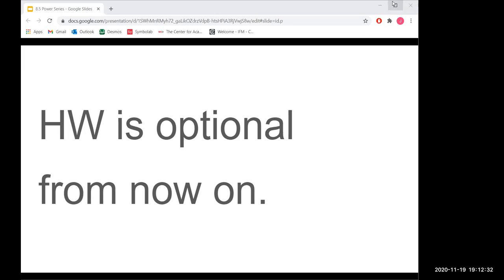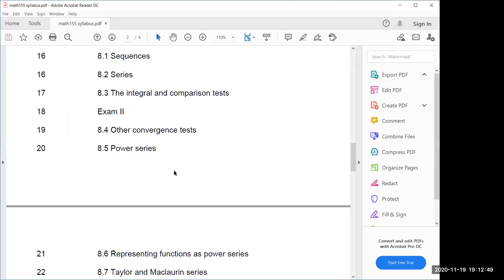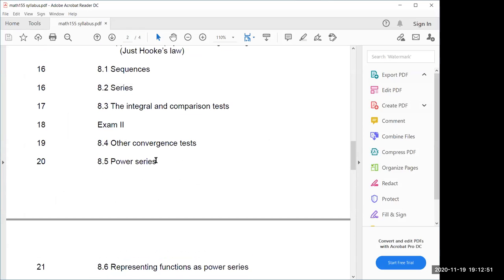If you look at the syllabus, let me pull it up. Hold on, give me a second. So here's the syllabus. Where are we right now? We are on here, 8.5.